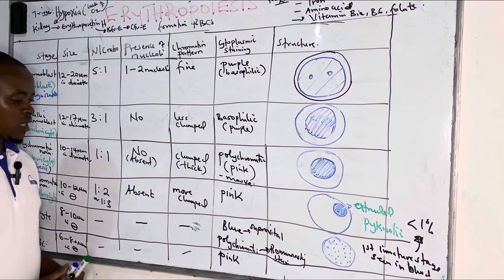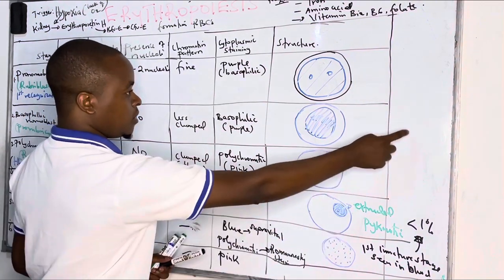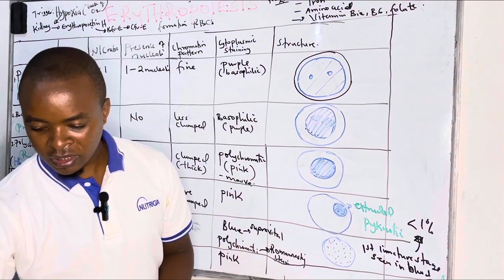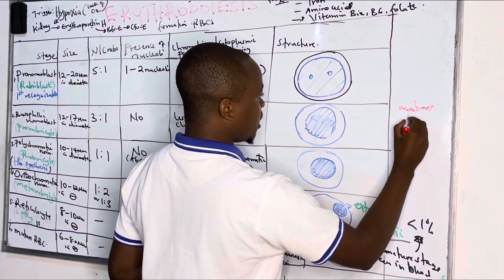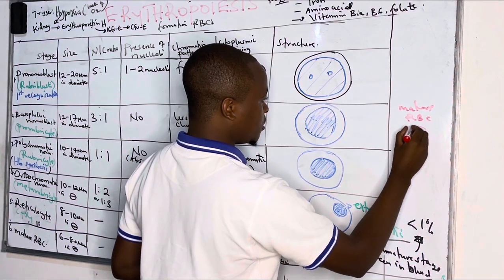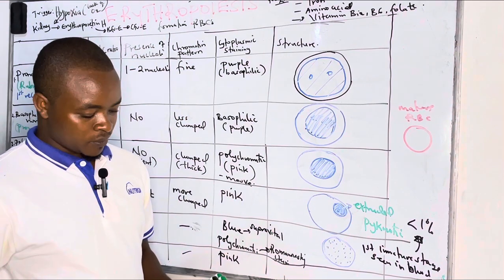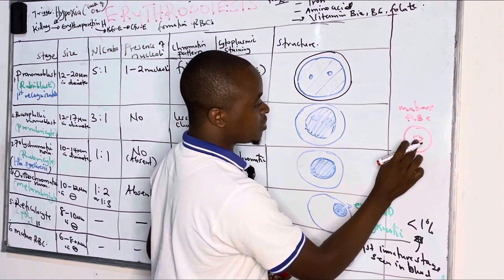And this red cell, allow me to draw it here because of the space. This mature RBC, the size also keeps on reducing. And it has an area of central pallor. This is not the nucleus.